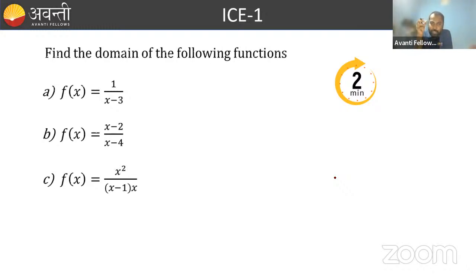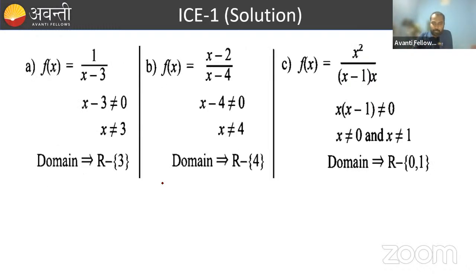Look carefully at what the question is: x minus 2 upon x minus 4. In the last question, x square by x minus 1 into x. Okay, so it's time to discuss the solution with you. Let's see what the solutions are.